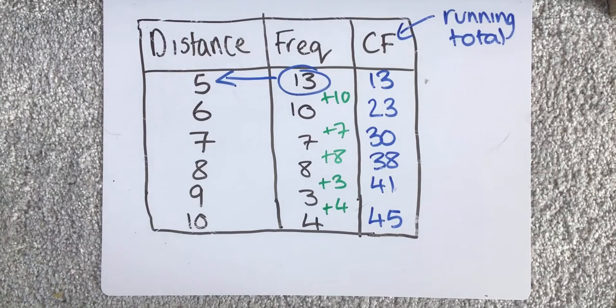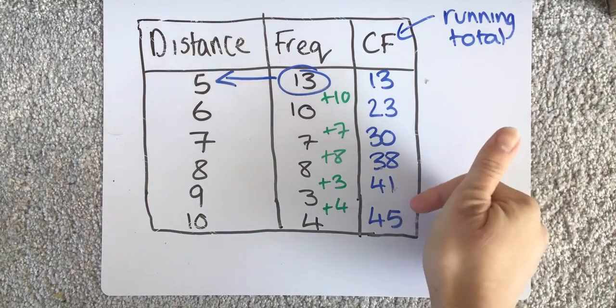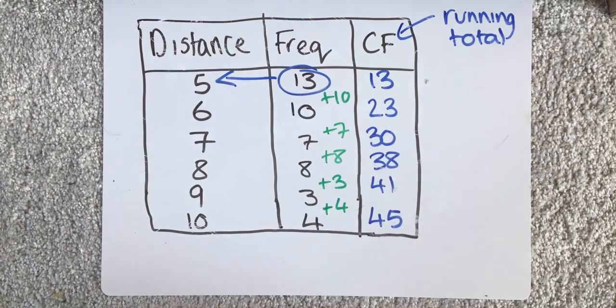So what I do instead is I think about my cumulative frequency. I think about what position I want to find. I want to find my middle, and my middle means that I'm going to have to halve it, divide by 2.